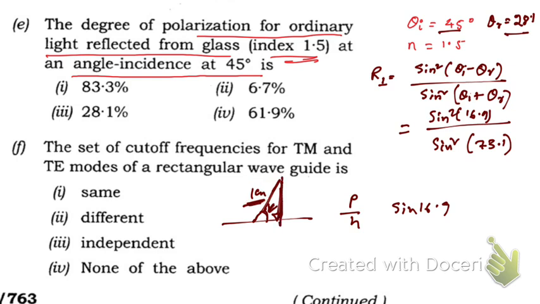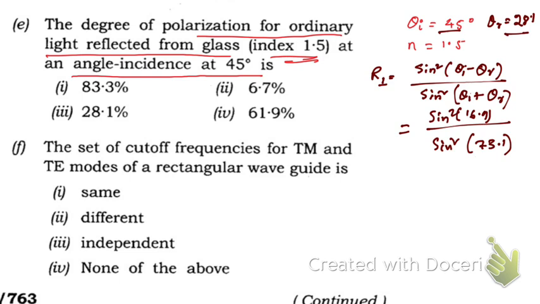Then you have to draw the perpendicular, then measure the perpendicular. Okay, so perpendicular by hypotenuse, that's going to be equal to this, right? So if the angle is 16.9, whatever value you're going to get, then square that one, then you're going to get the value of sine square 16.9. Okay, so that's how you can find this one as well.